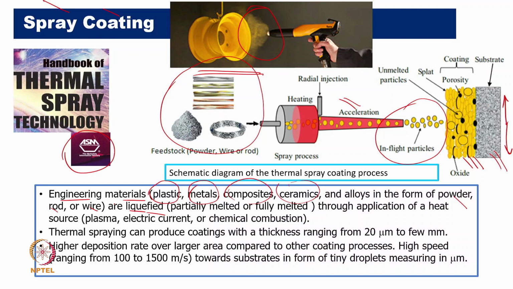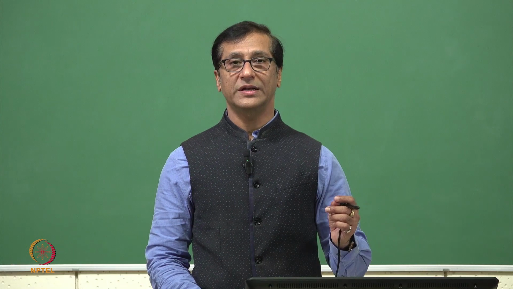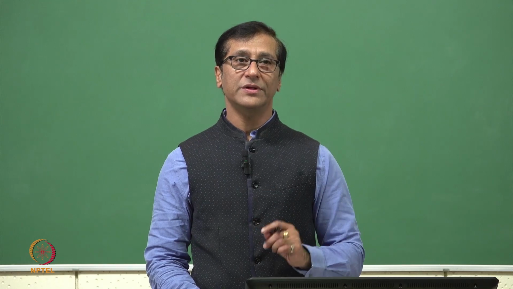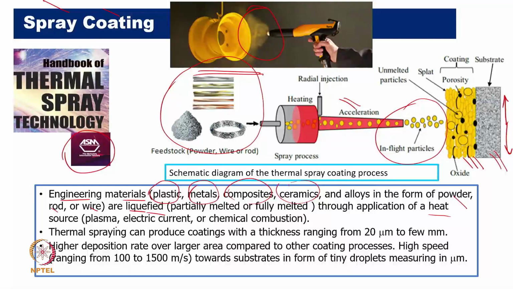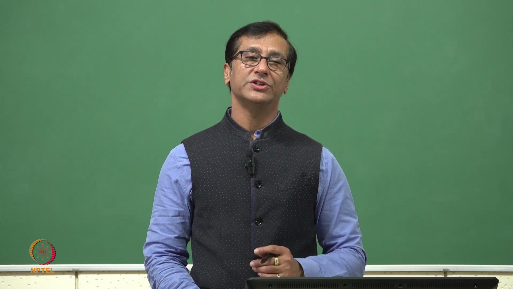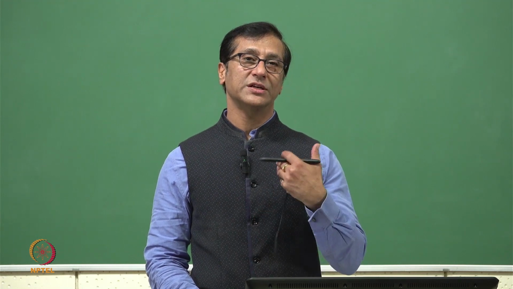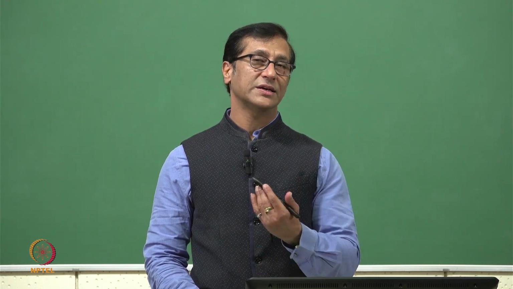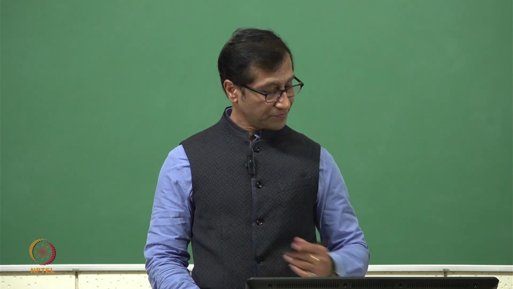The main thing is that they need to have flowability. It can be partially melted or fully melted, but it needs to have flowability. And then they pass through the heat source. It can be plasma, even electric current, or sometimes we use combustion also, chemical combustion, to give energy to the particles, so that they go with high velocity and directly hit the substrate.